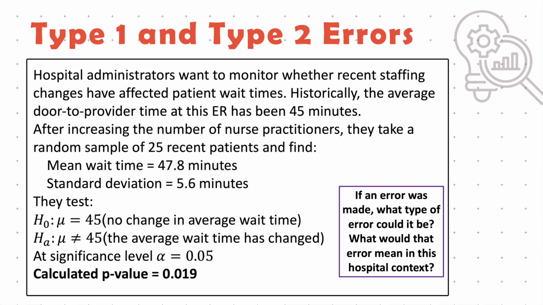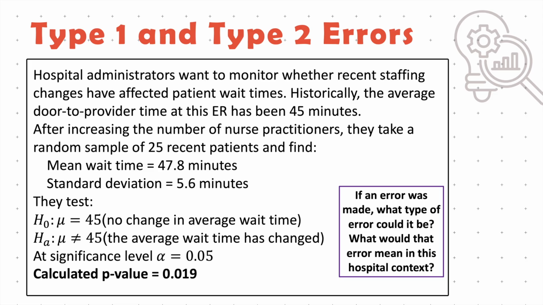The significance level is 5%, and we calculate a p-value of 0.019. This would tell me to reject the null hypothesis. So it would say, I don't think the true average is 45 minutes anymore. I have some evidence that the true average is not 45 minutes anymore.